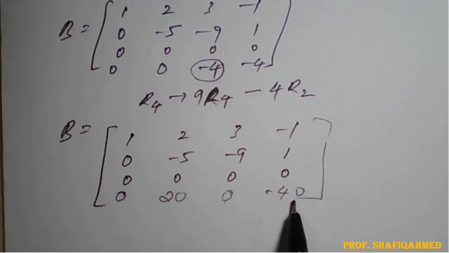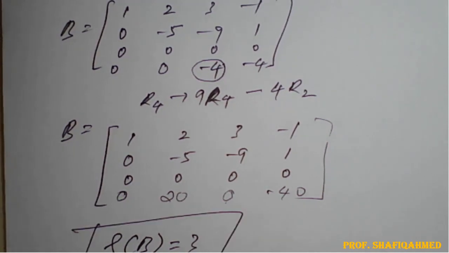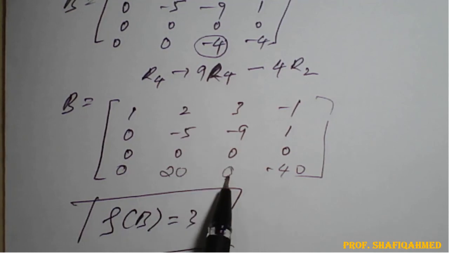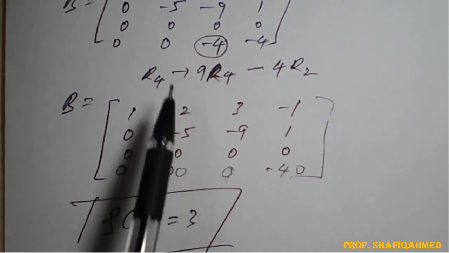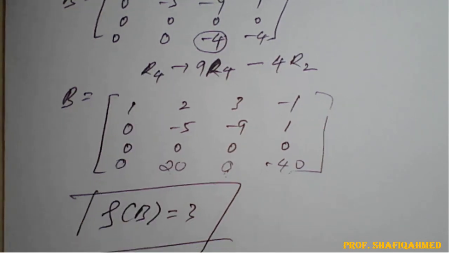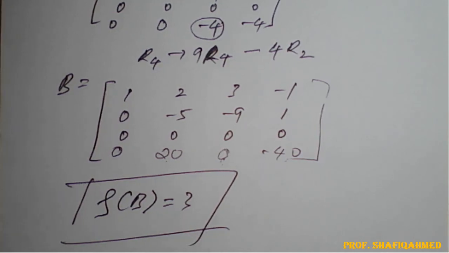But the fourth row has elements. So the rank of matrix B is 3. We tried to make 0, we made 0, but while making 0 again numbers came where there were already zeros. So we will stop here and say that this is the rank of matrix B. In this way we need to find the rank of a matrix.